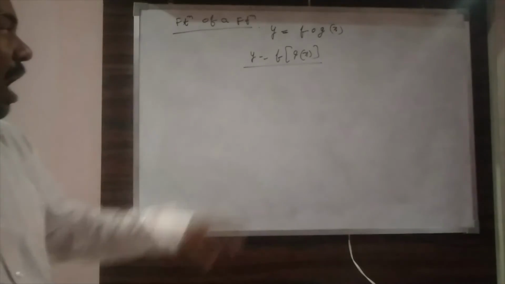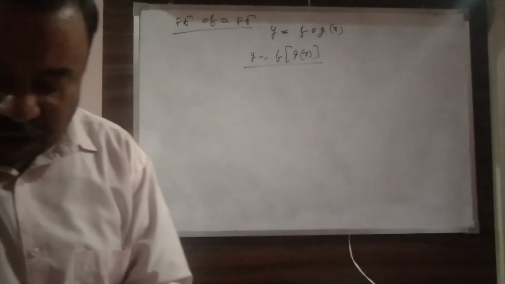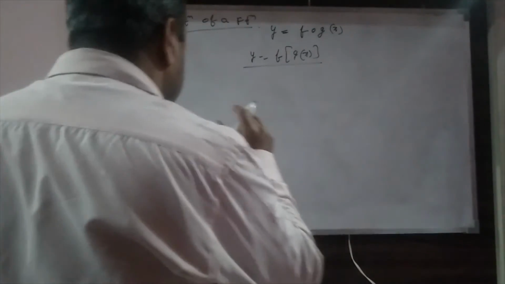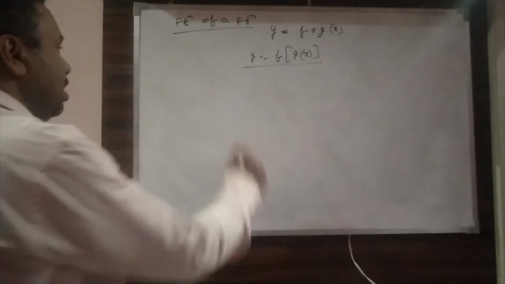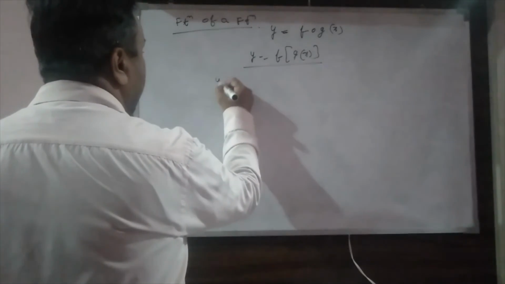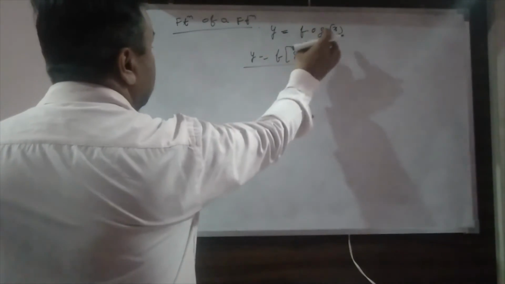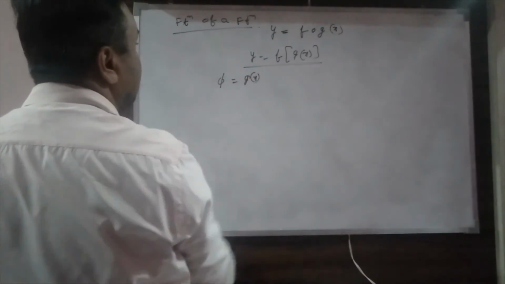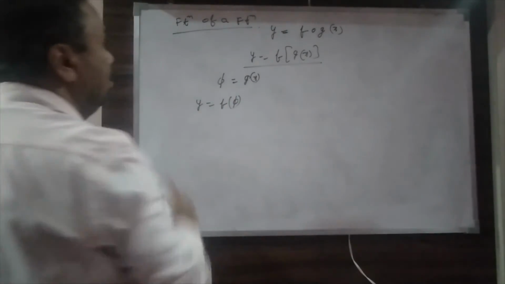Suppose that I get a function of a function like this. So in that case, just go with the first principle. Okay. From the first principle, take phi as gx. So what is y? F of phi. Simple.